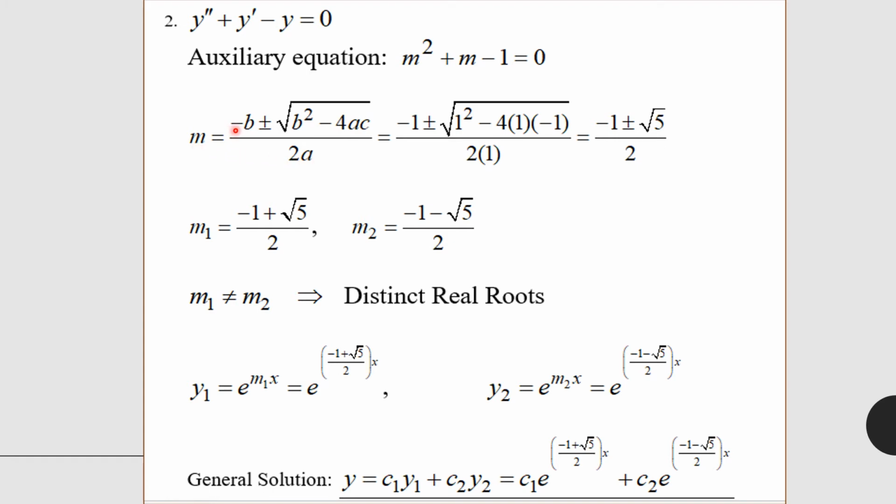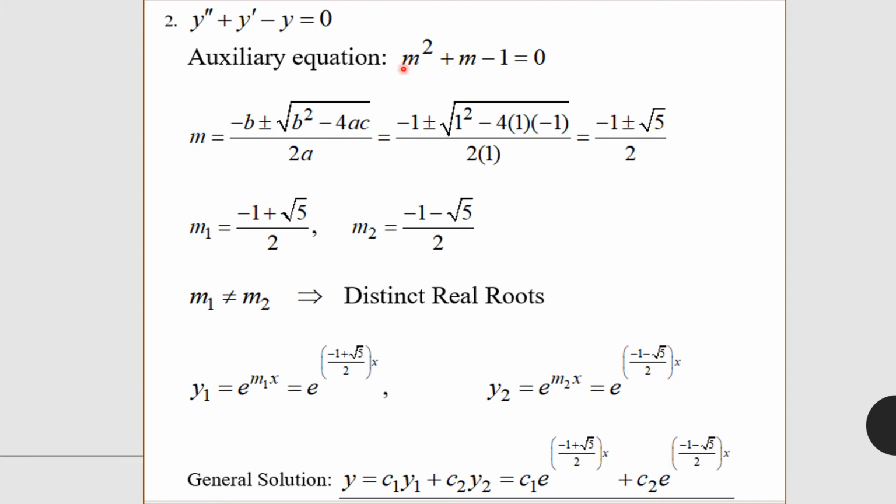m is minus b plus or minus square root of b squared minus 4ac, all over 2a. Now we have a equals 1, b equals 1, and c is negative 1. Okay, a, b, c are all the coefficients of this equation.